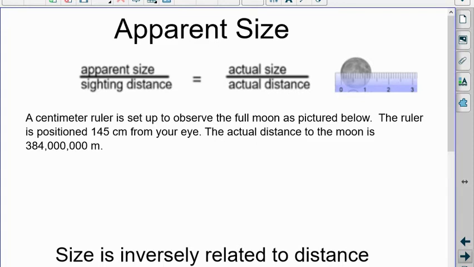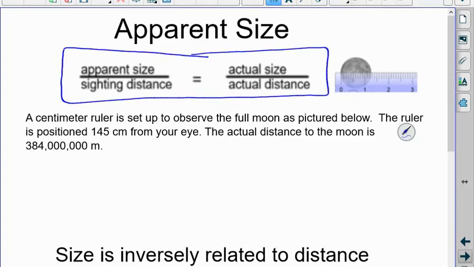So you will be given this formula right here. Okay, so that will be provided for you. Apparent size is to sighting distance as actual size is to actual distance. For this first problem, you have a moon that's superimposed behind this ruler here, and it's really hard to read, but it looks like about 1.2 centimeters.